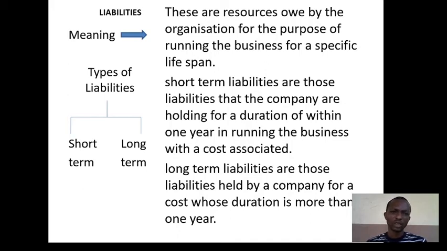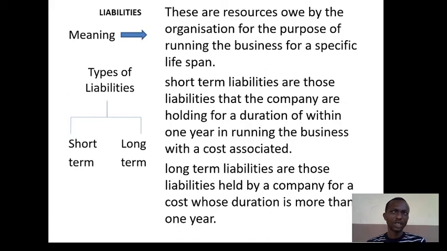All right, let's look at types of liabilities. We have short-term liabilities and long-term liabilities. Short-term liabilities are those liabilities that the company is holding for a duration of within 1 year in running the business, with a cost associated.